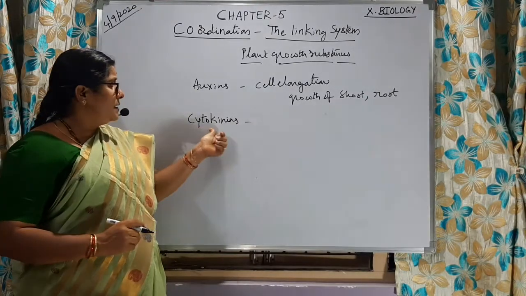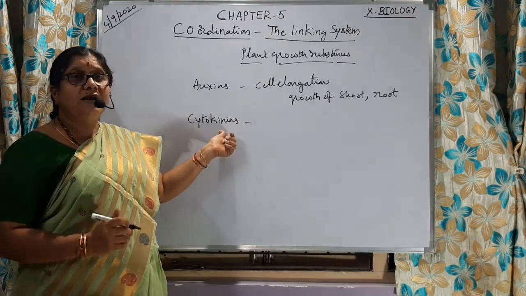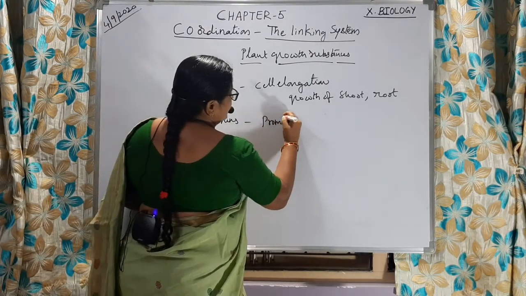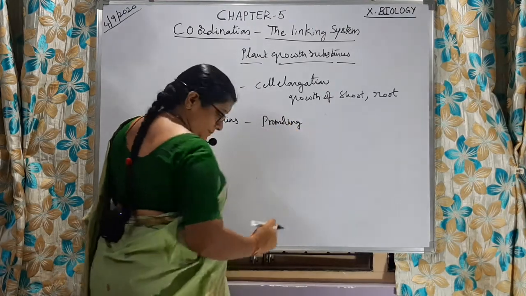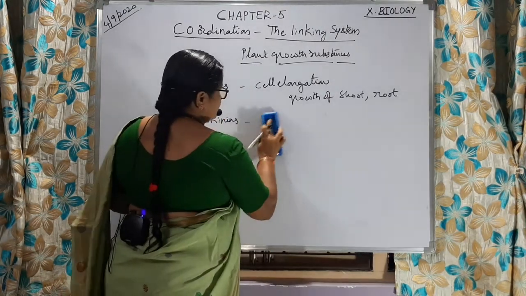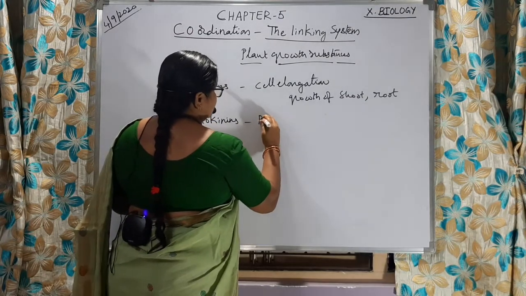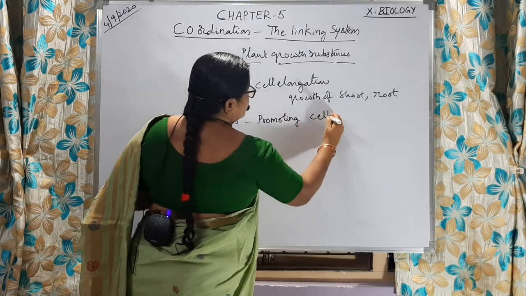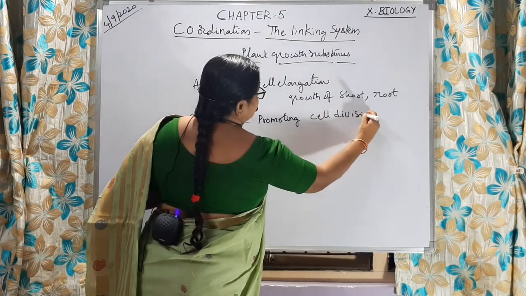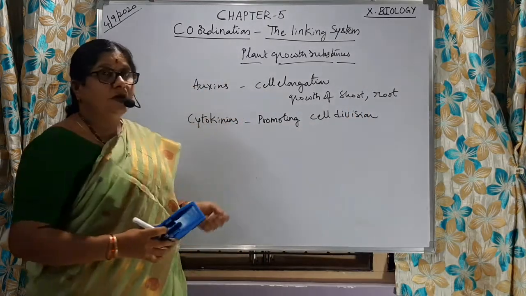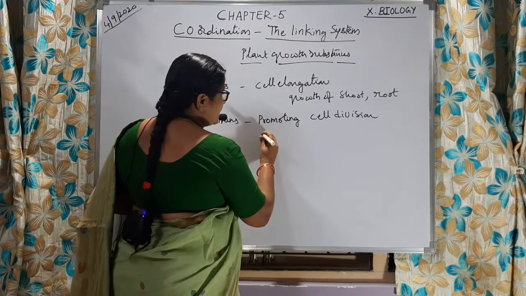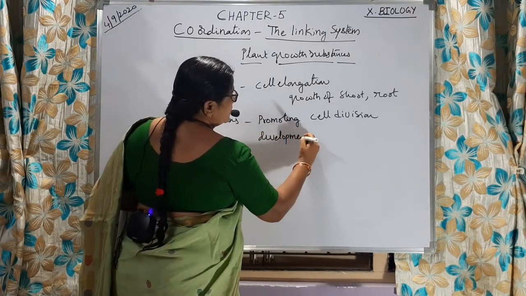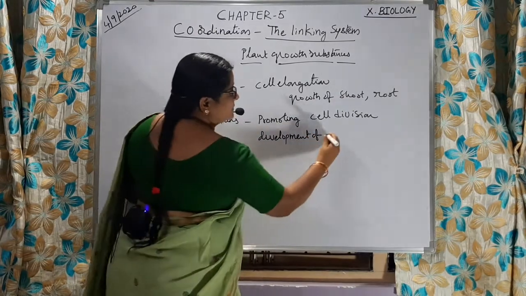The word itself, cytokinins are the plant growth substances which help in promoting cell division. Cytokinins help in promoting of cell division and development of lateral buds.